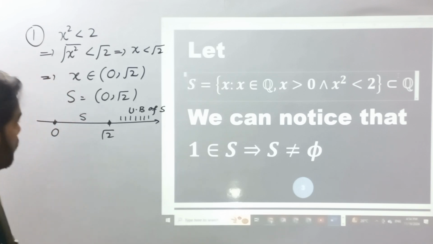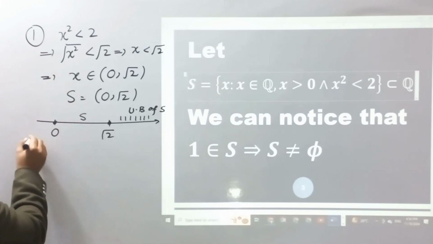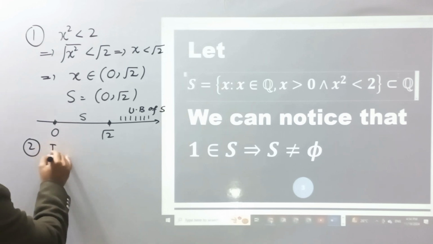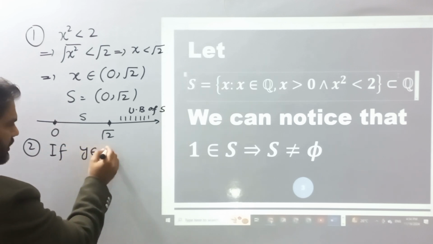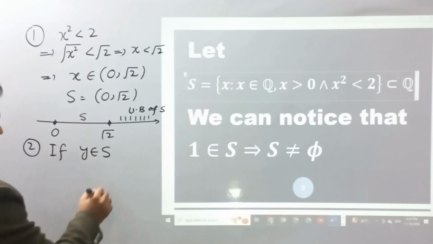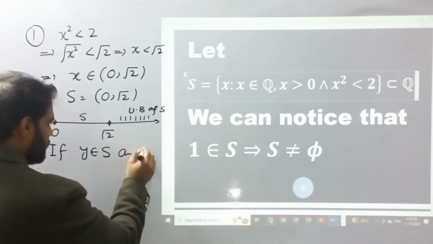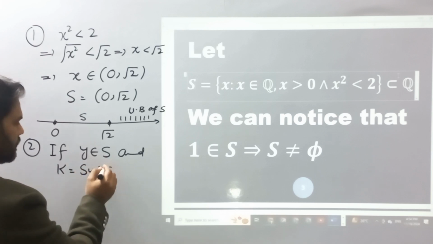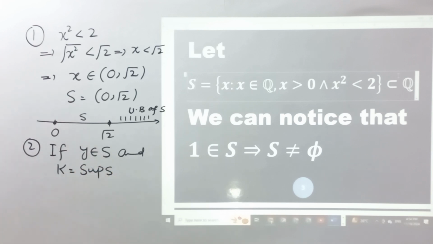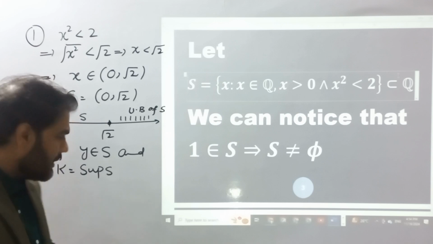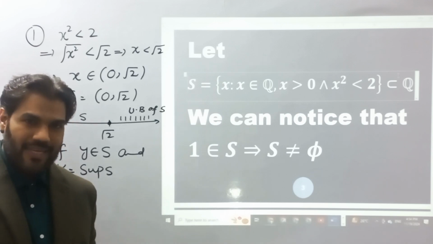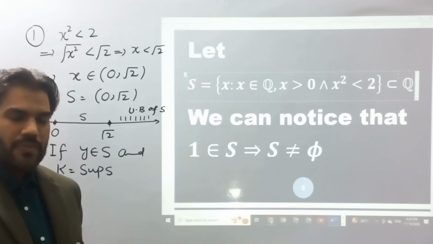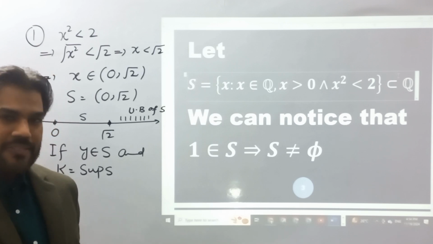Next important thing: if y is a certain element of set S, and suppose k is the supremum of set S, is it possible in this case that y is greater than k?